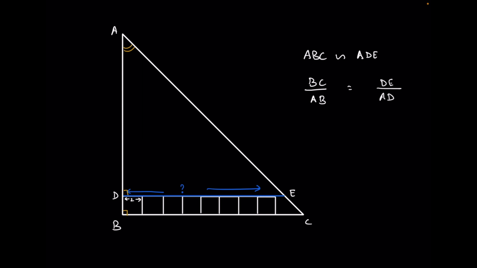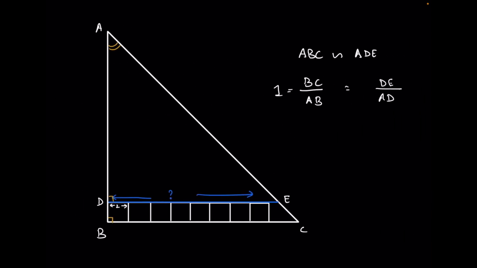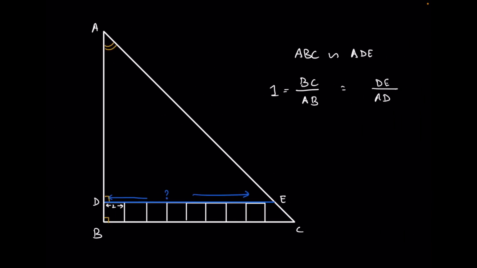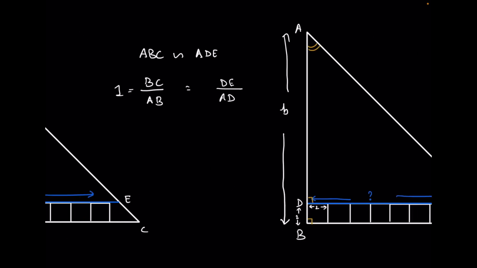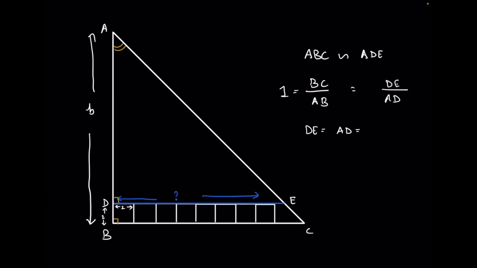Now, if you notice, BC and AB are equal, right? Because this is a right angle isosceles triangle. So that ratio is going to be 1, which means that AD is going to be equal to DE, right? So DE, the length that we want to calculate, is equal to AD.